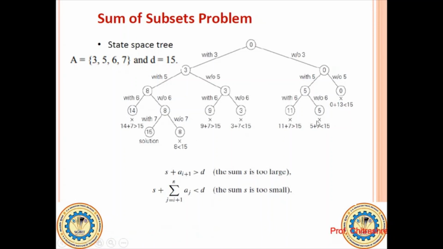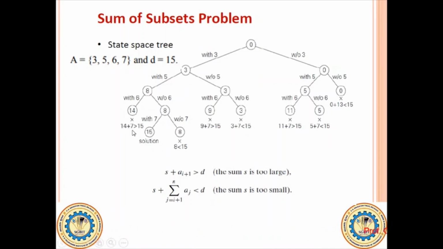So this is how we have found the solution. Only one path led us to the solution. So this is how every possibility is checked. If a particular node is not giving us the solution, next trace back and check for the possibility. If that is also not giving us the solution, trace back, then check for the possibility. So this is how we are going to find the solution for any problem by making use of backtracking.